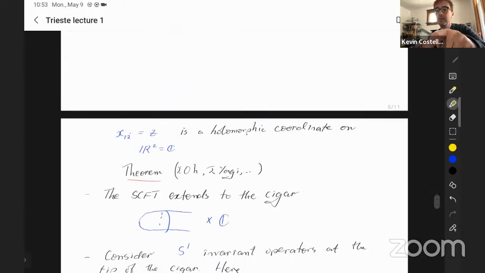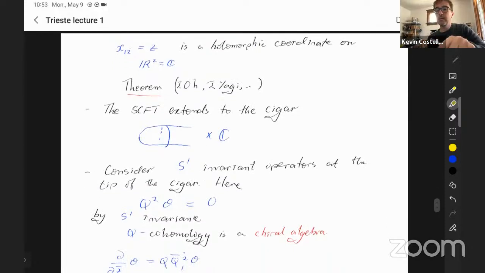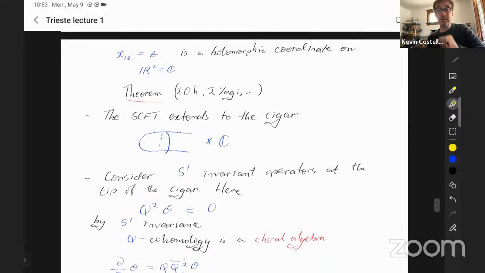And this other plane will be where the chiral algebra lives. So I'm going to call x12 dot z, and it's a holomorphic coordinate on this plane. Okay, so the result is, I'm going to take my cylinder here, and fill it in so that it becomes a cigar.